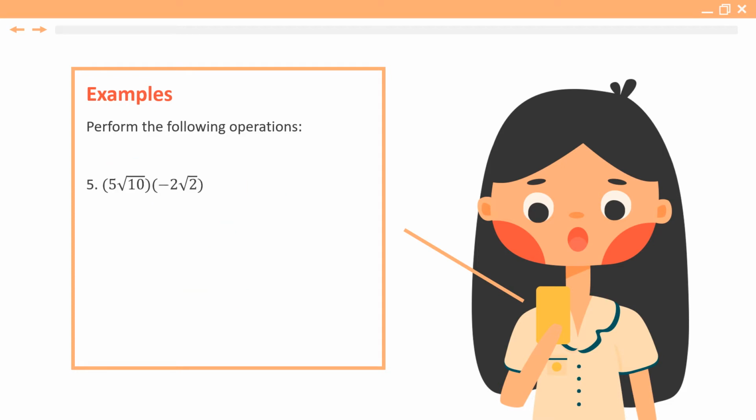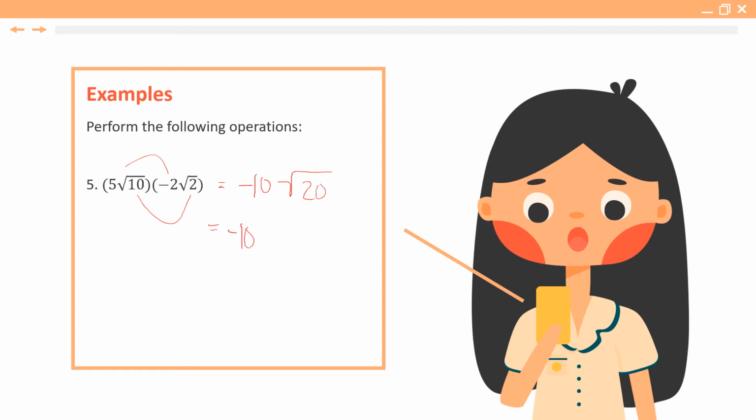For our next example, we have a negative number. So we have 5 square root of 10 times negative 2 square root of 2. We just have to multiply them. So you have 5 times negative 2 is negative 10. 10 times 2 is 20.